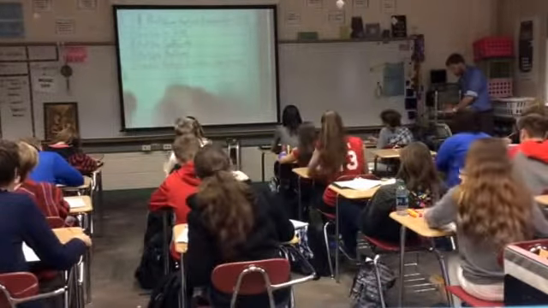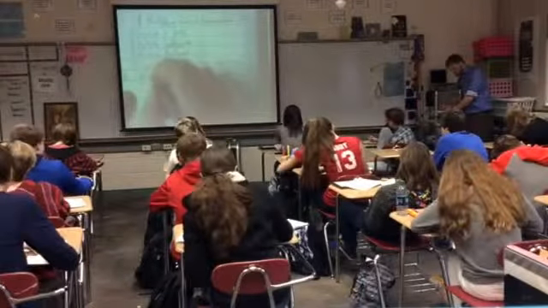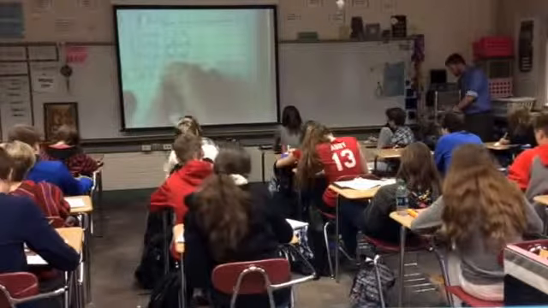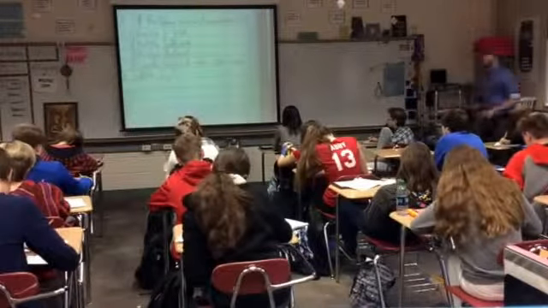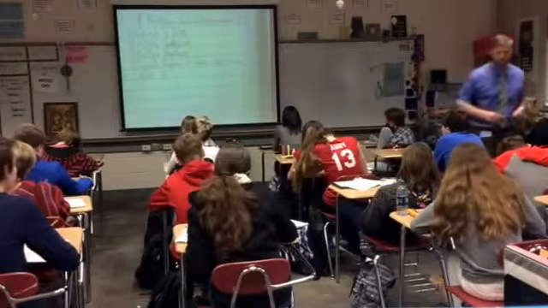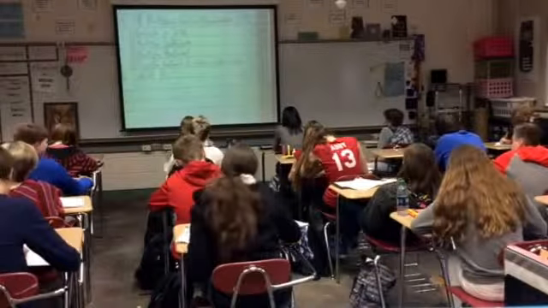Let's put those in action. Let's say we had the square root of 6 times the square root of 8 minus 3. We did a lot of problems on our homework that looked a lot like this. How are we going to solve this problem?